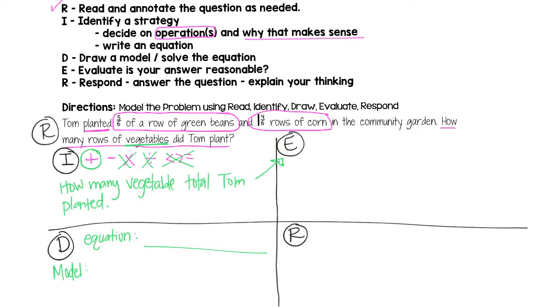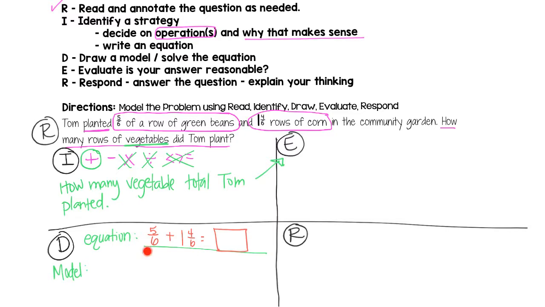Okay, E. E stands for evaluate: is your answer reasonable? So you added 5/6 plus 1 4/6 equals. Is your answer reasonable? Is it larger than both of these numbers? If it is, you're going to say, okay, my answer is reasonable because I was asking how many vegetables total does Tom have?